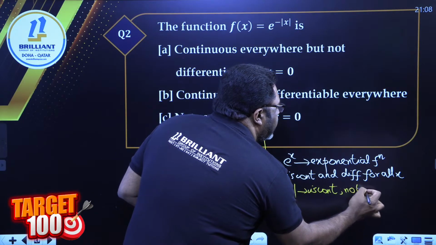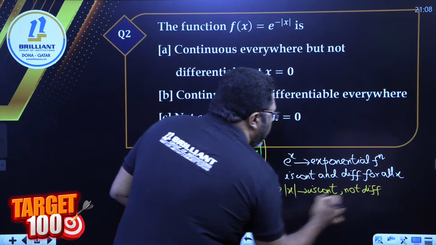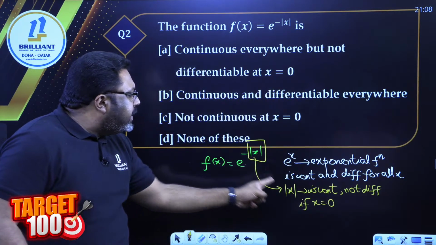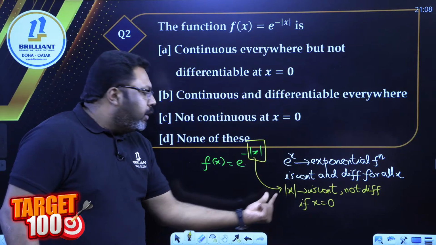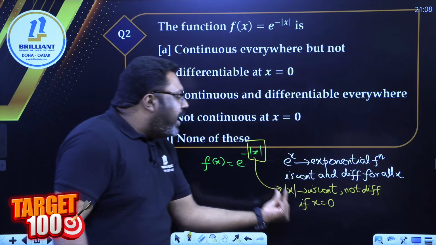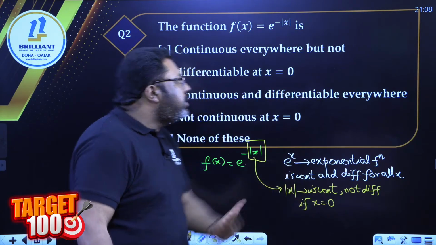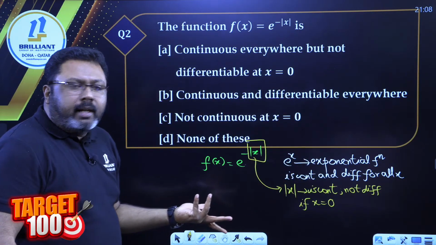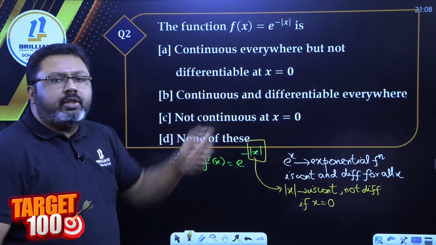Yes, you say it's not differentiable at x equal to 0. If I put the value of x as 0 in this modulus, the modulus part becomes 0, right? So you're going to say continuous everywhere, yes, but not differentiable.